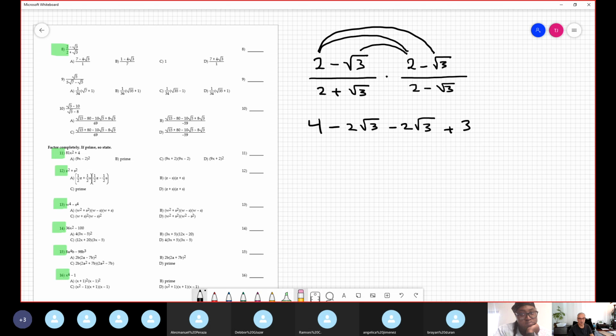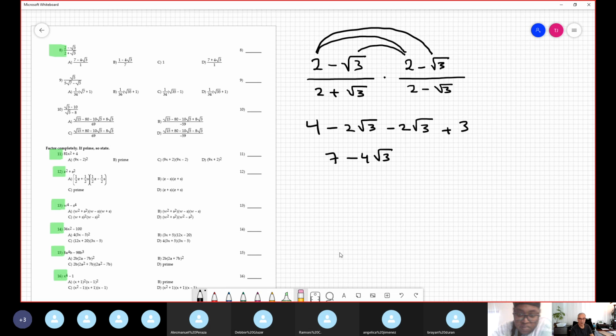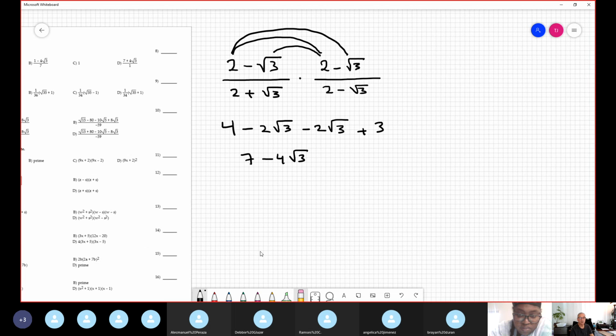Let me continue the manipulation now. 4 plus 3 is 7, and minus 2 and minus 2 together is minus 4 radical 3. That's the answer in the top: 7 minus 4 radical 3.